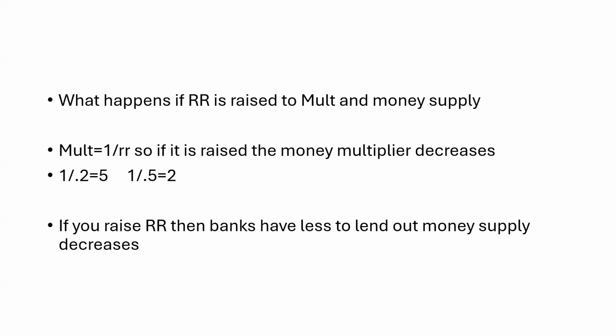If the reserve requirement is 0.2, the money multiplier is 5. If the reserve requirement is 0.5, the money multiplier is 2. So the multiplier decreased, which leaves me D and E. Now, if the reserve requirement goes up, banks only have less money to lend out. Therefore, money supply decreases, E as in Ellen.